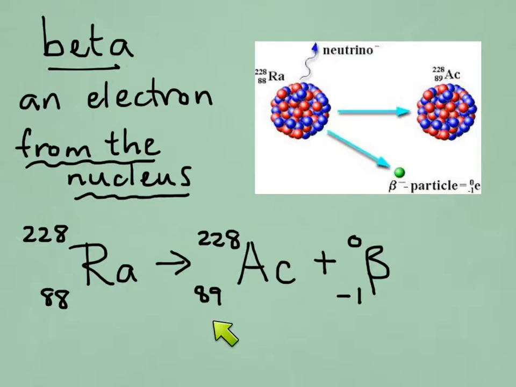Now, the numbers must still add up. So on this side, 88 is equal to 89, and logically this must be a -1. That seems a bit strange, but if you think of it this way, by leaving the nucleus, the electron has added a proton. So the signs are a little bit odd, but that then works.